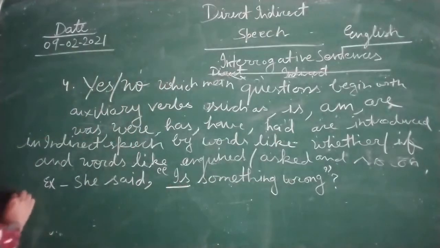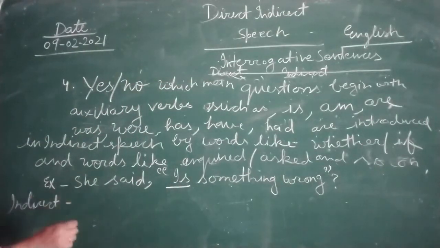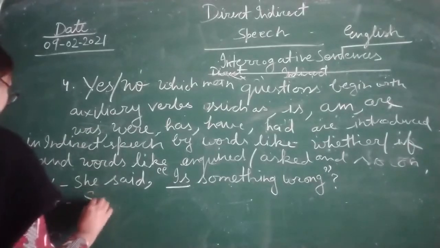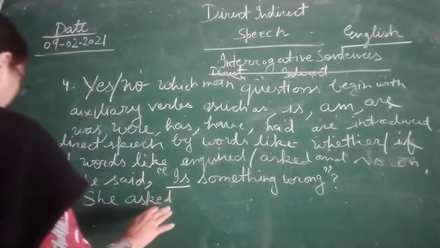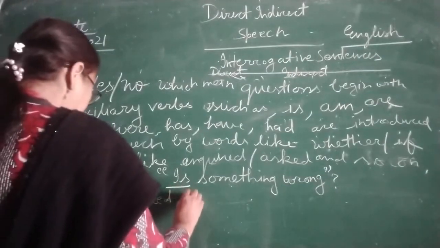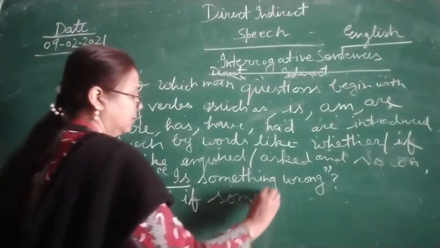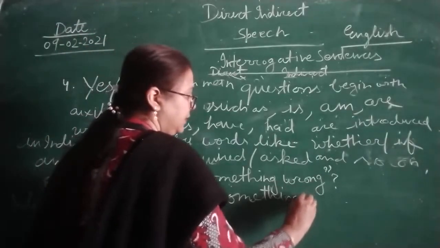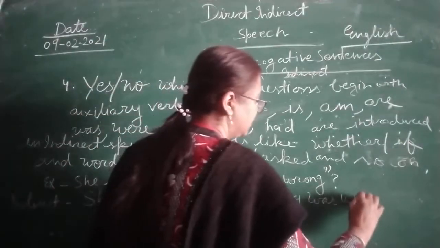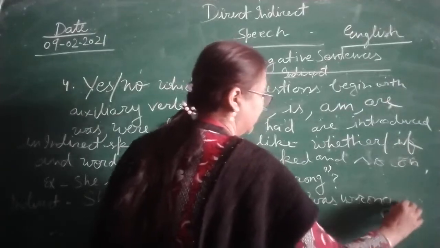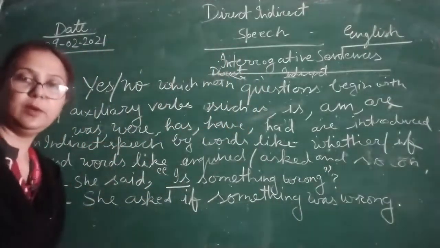So in indirect speech, what will we do? She asked. Because this is a question, that is why we will write asked. She asked if something was wrong. Okay. So it is as simple as the previous one.